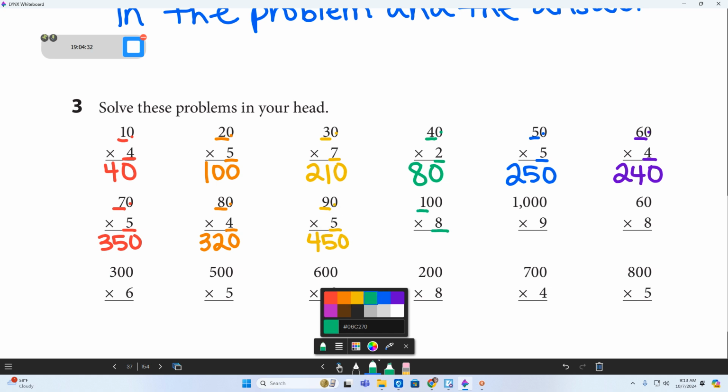1 times 8 is 8. 2 in the problem, 2 in the answer. 1 times 9 is 9. 3 in the problem, 3 in the answer. 6 times 8 is 48. 1 in the problem, 1 in the answer.